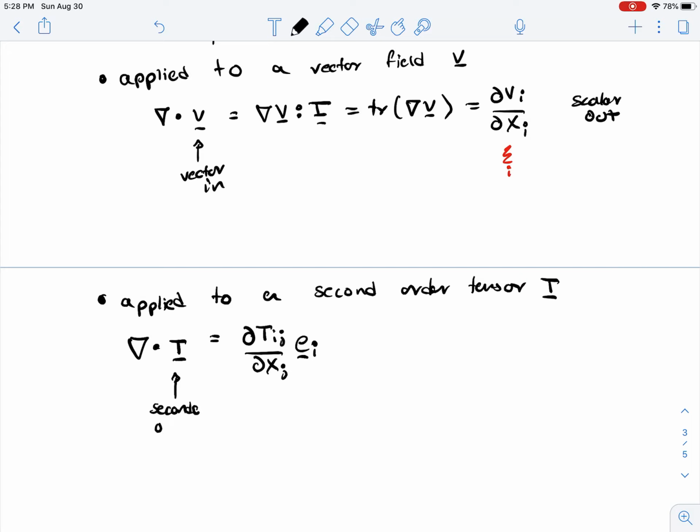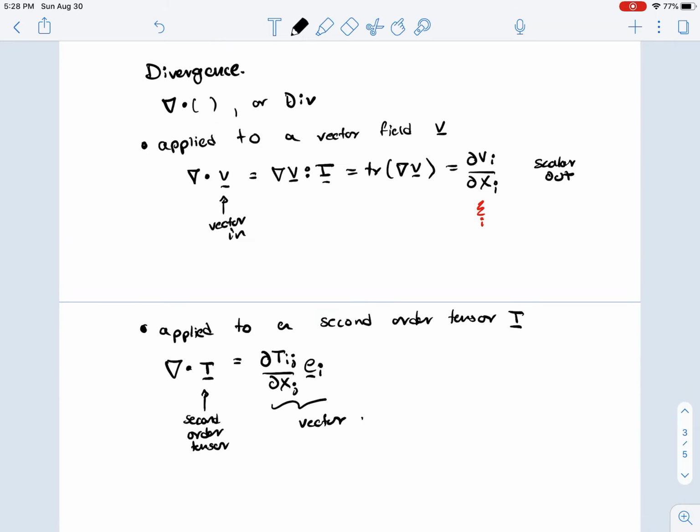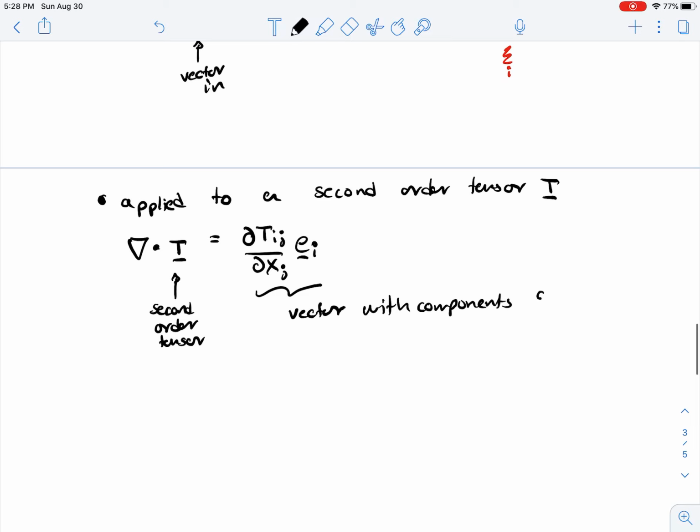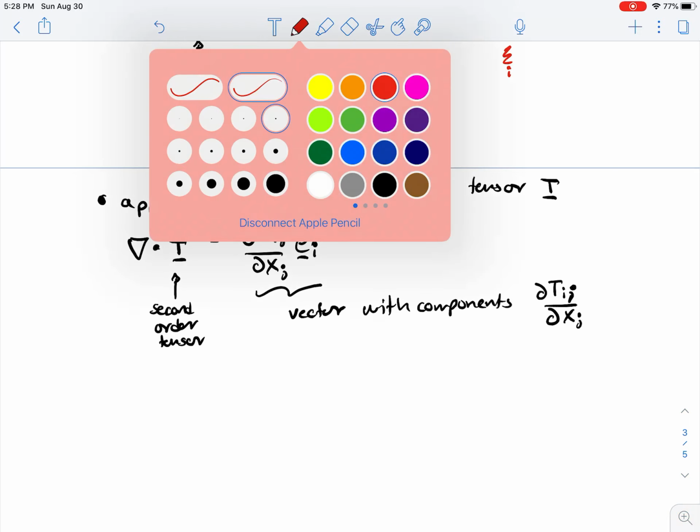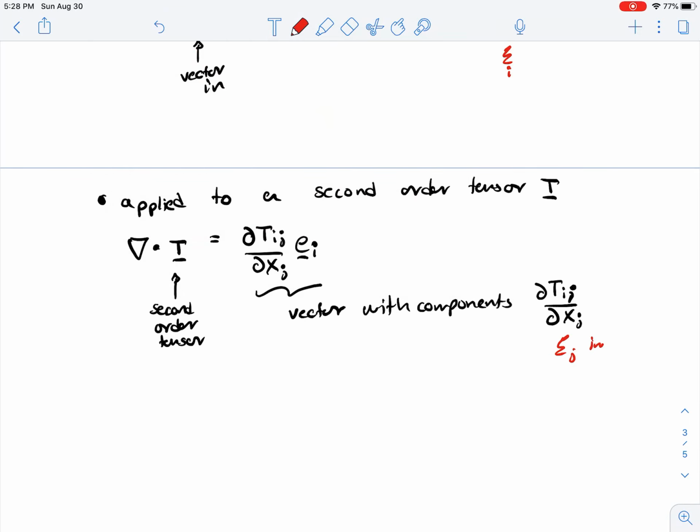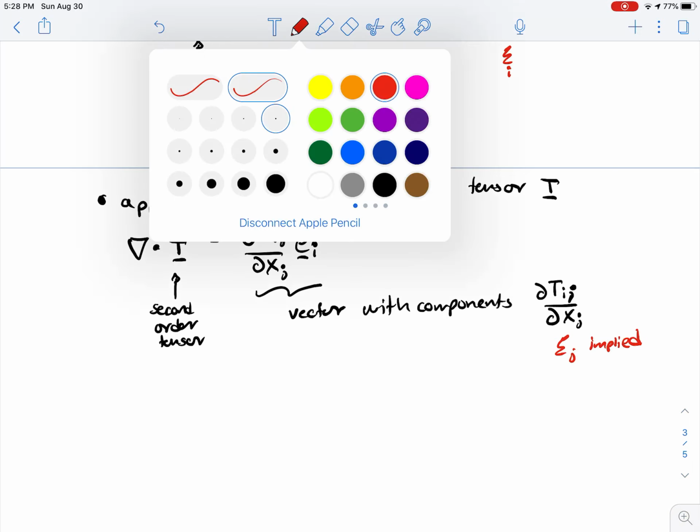So I have a second order tensor in, and here I have a vector, right? And the vector has components d T_ij over d x_j. And here, notice that I have a sum over j implied.